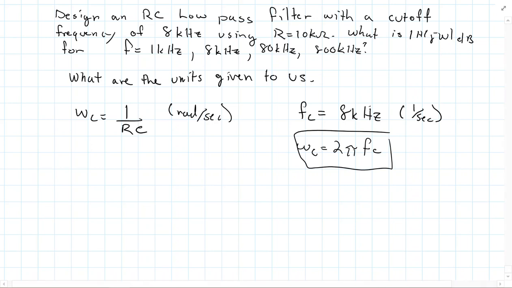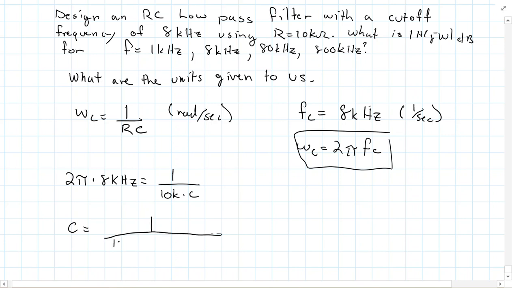So if I look at this to figure out what the capacitor value is, I just have 2 pi times 8 kilohertz is equal to 1 over 10 kilo ohms times my capacitance. Quickly solving for this gets me 1 over 10 kilo ohms times 2 pi times 8 kilohertz.